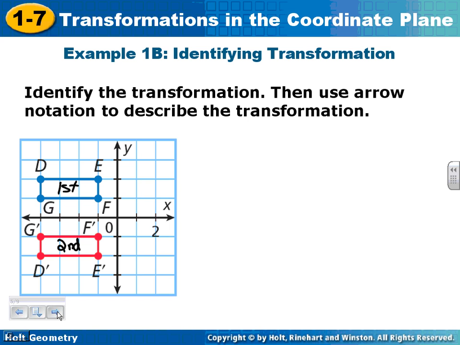And it looks like the blue flips down. It flips down, so that would be a reflection. Again, it kind of goes down this way, and it kind of flips or hinges down.